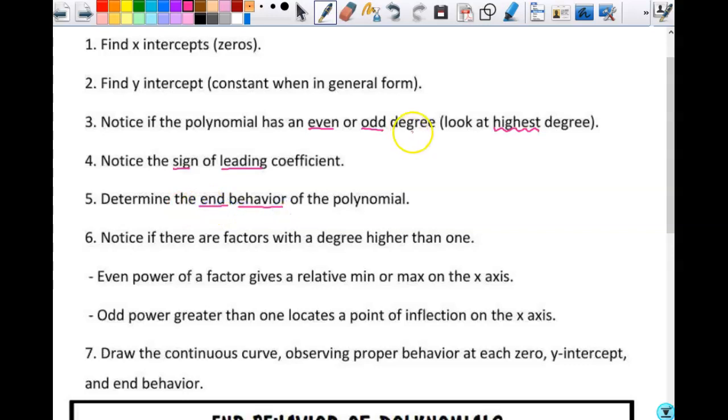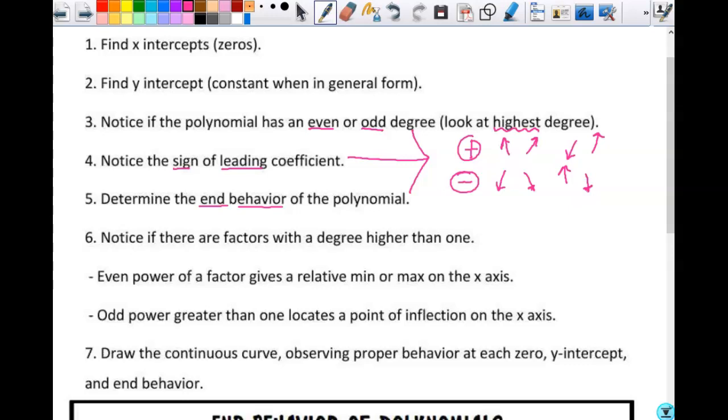So these 3 things kind of all go together here and would tell me something like this. If the leading coefficient is positive, then it's either going to be up, up, or down, up, right? And if the leading coefficient is negative, it's either going to be down, down, or up, down.